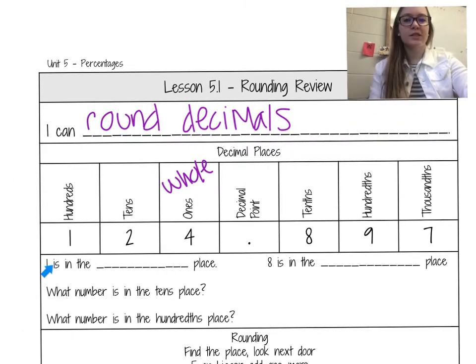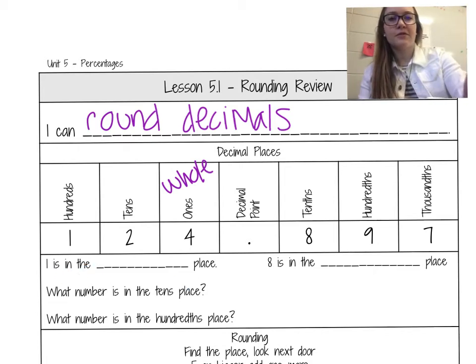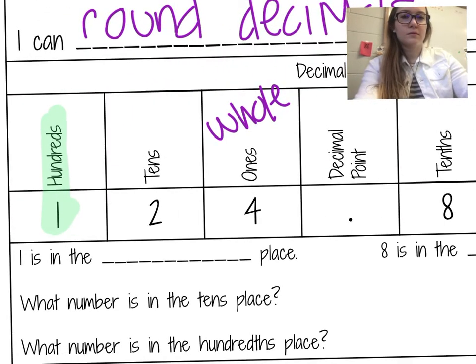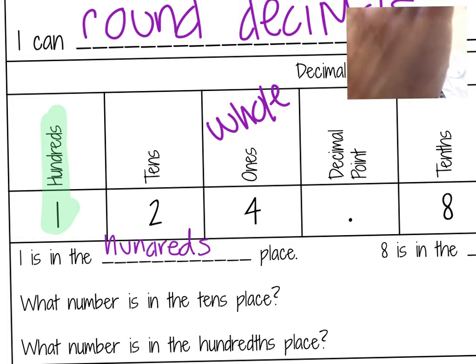So this question says, 1 is in which place? So I'm going to identify 1, and it is in the hundreds place. Okay.